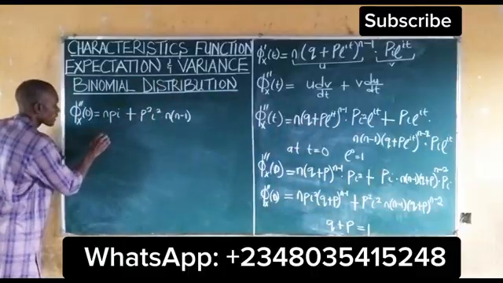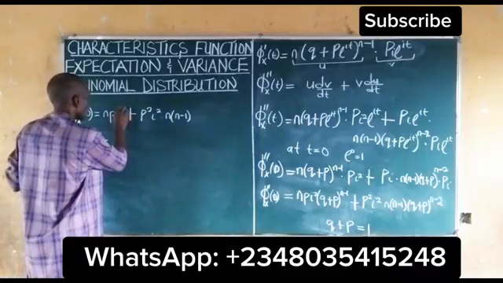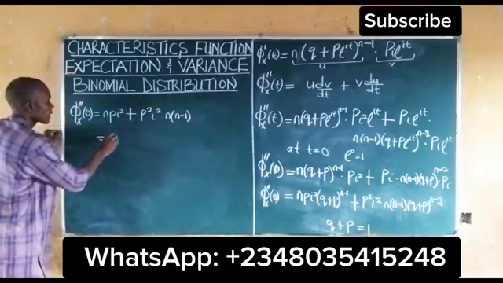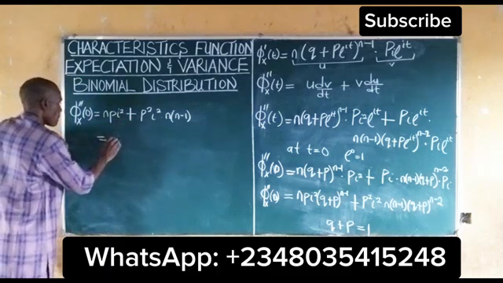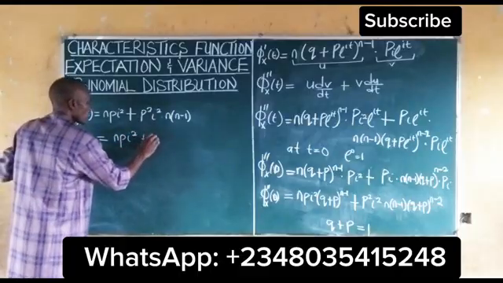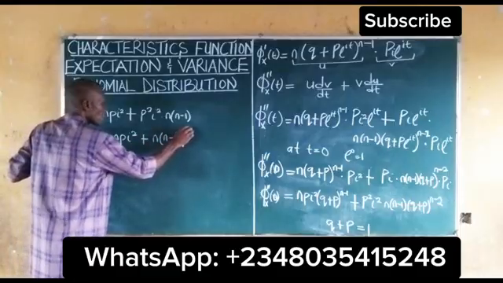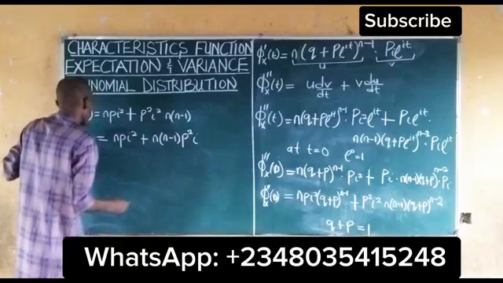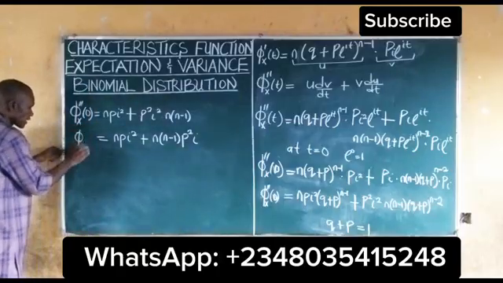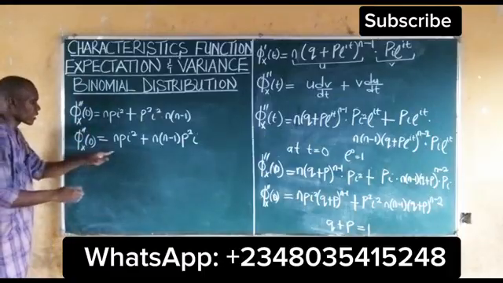So we have npi squared plus n into n minus 1 p squared i, which is our characteristic function at t equal to 0. That means the second derivative.